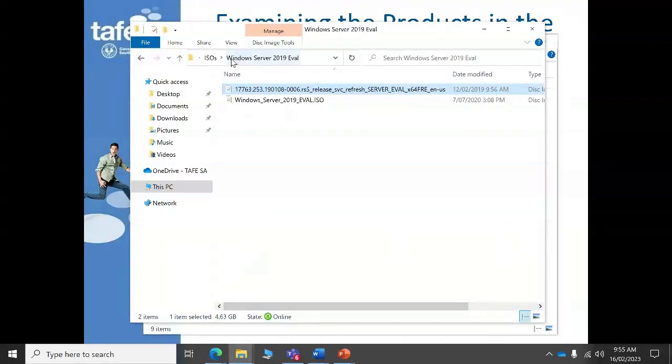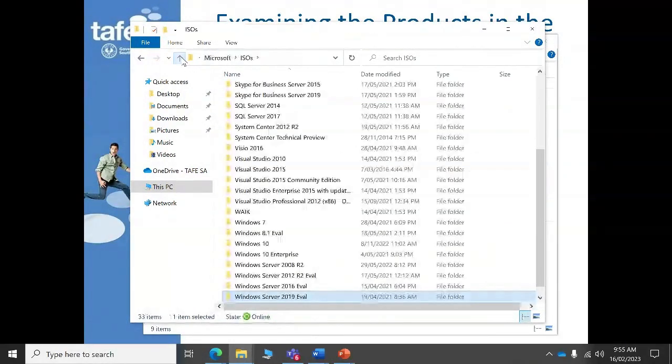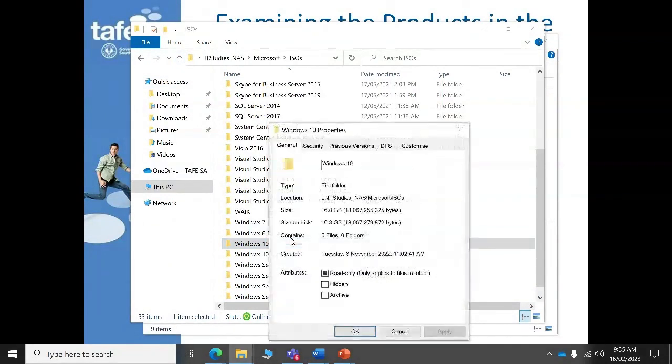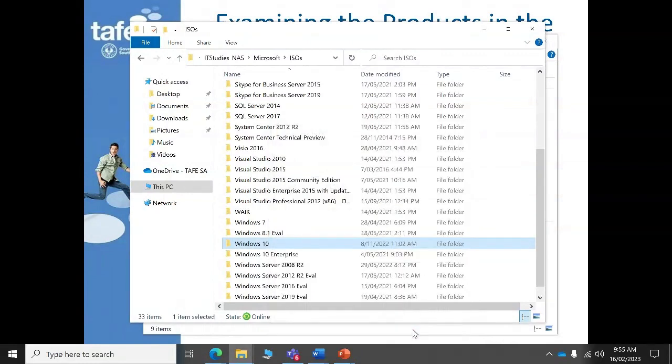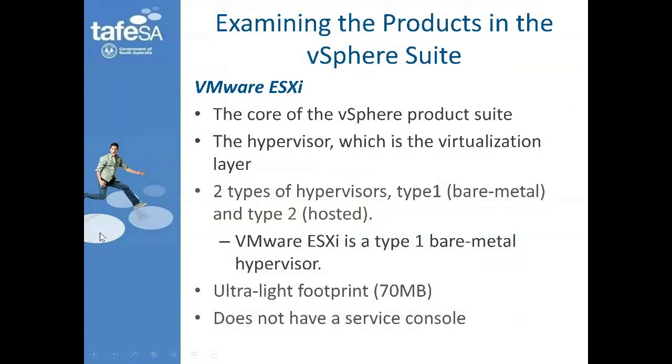Let's say it's about 13. I'm not going to argue with you, but this is a Windows 10 VM, and that's a little bit more, and that might have a few more things in there. But let's just say it's 10 to 15 gigs. So if it's 10 to 15 gigs, that's certainly a lot bigger than 70 megs.